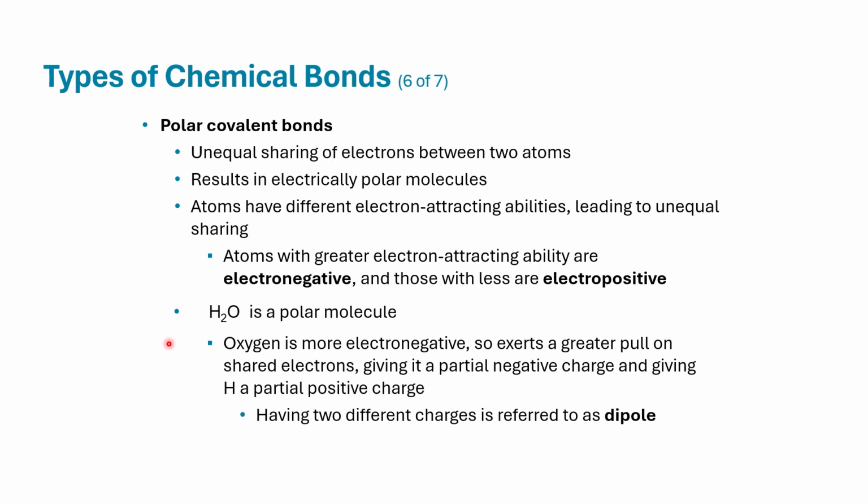So water, also called H2O, is a polar molecule. Oxygen is more electronegative, so that exerts a pull on shared electrons, giving it a partial negative charge and giving the hydrogen a partial positive charge. Having 2 different charges is referred to as dipole. Let's take a look.